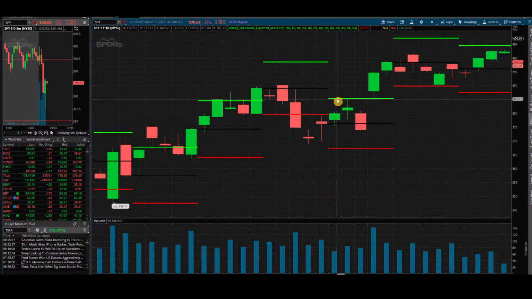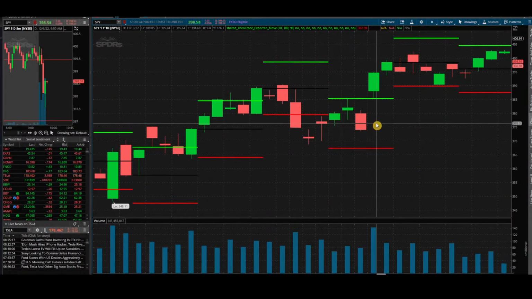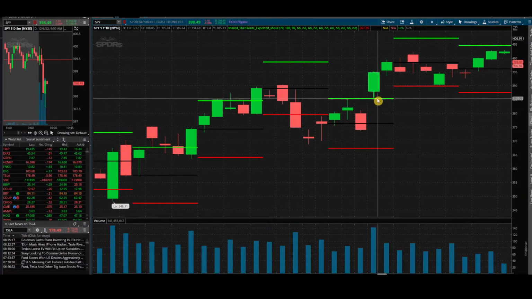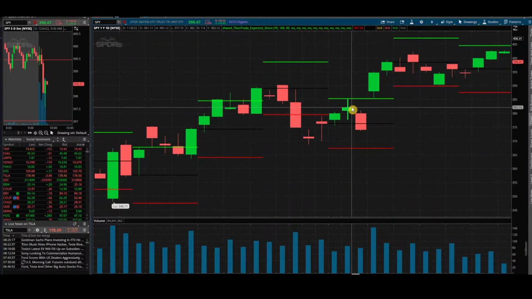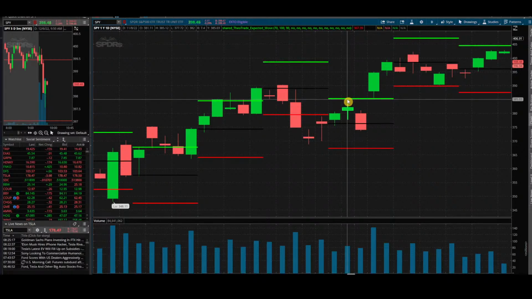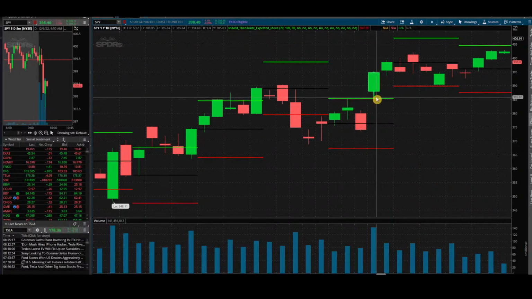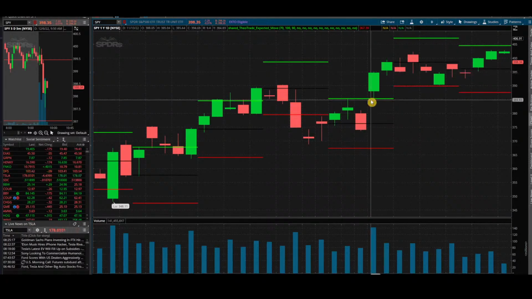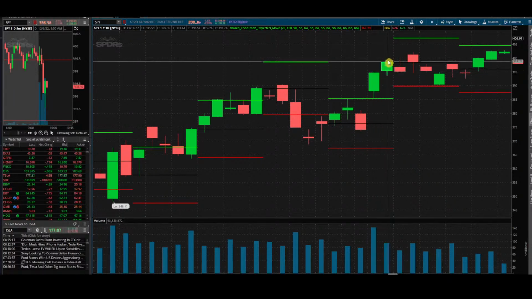So if you were bearish on Thursday of this week and decided to get short either at daily resistance, which would have been 382, or at the top of the options expected move, as you can see here, you got stopped out. And not only you, a lot of people did. And the very next day, you got upside continuation.